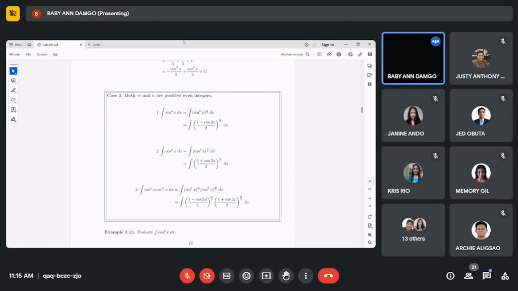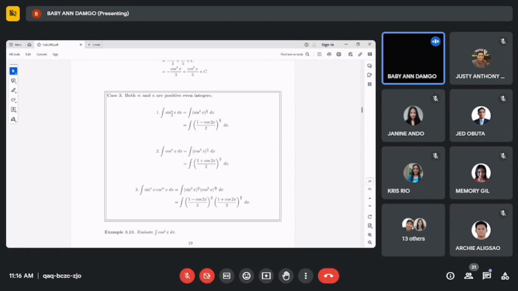But for case 3, lahi na siya nga case. So kung kabantay mo here, this is the property nga ato ang gi-show pag last meeting, kay magamit ni siya diri.